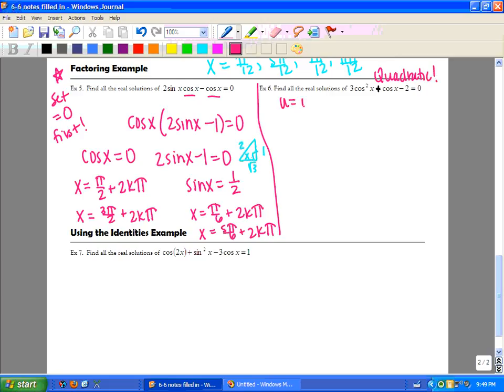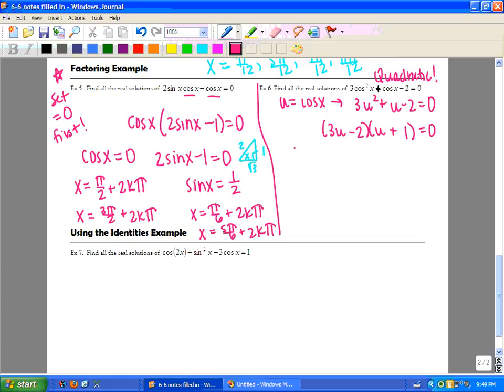So you could let u equal cosine x, and then that would turn this into 3u squared plus u minus 2 equals 0, which looks a little bit easier to factor. That would factor into 3u and u. Or if you prefer the factor by grouping method, you can do that too, but I'm a guess and checker. So I think if we put the 2 here and the 1 there, this would have to be positive, and that one would have to be negative.